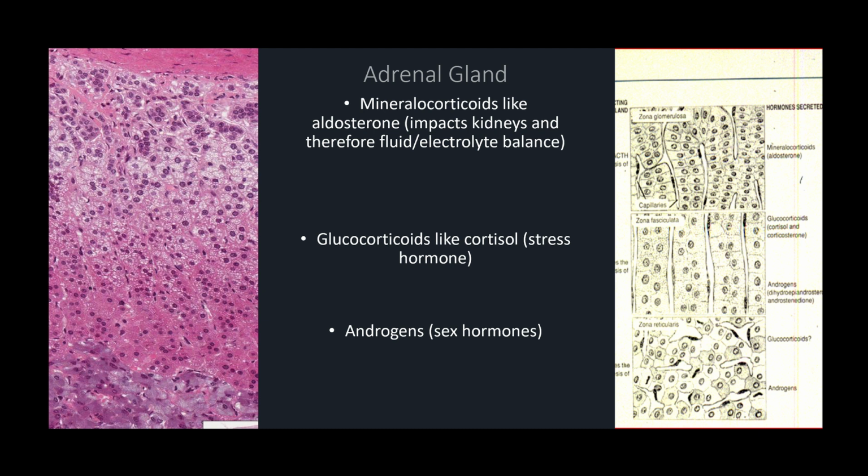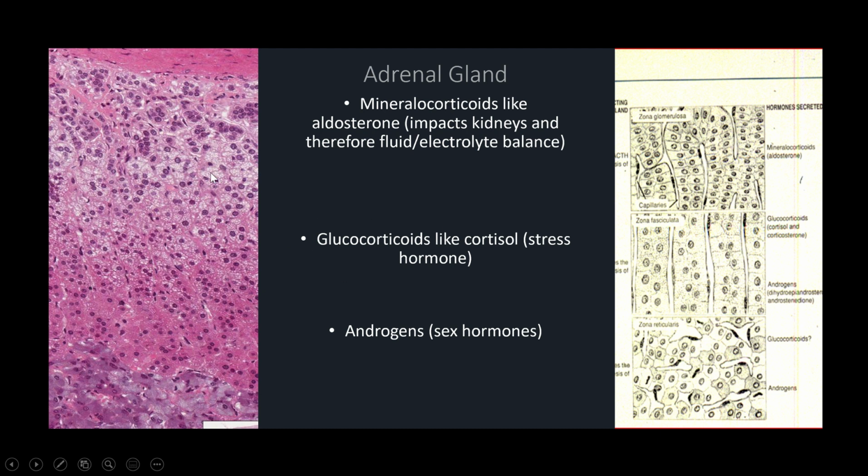And that's how I learn it, and I repeat it to myself all the time. Save sodium and pees potassium, because that's really important to your fluid and your electrolyte balance. Okay, so that's what aldosterone is there for. It impacts the kidneys and tells them the electrolytes they need to save and keep within the body and the ones that they need to excrete out and get rid of.